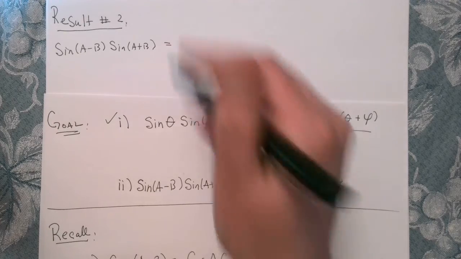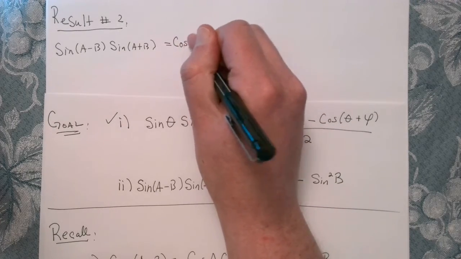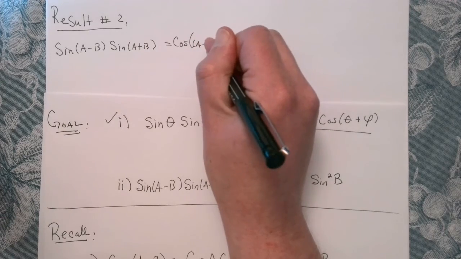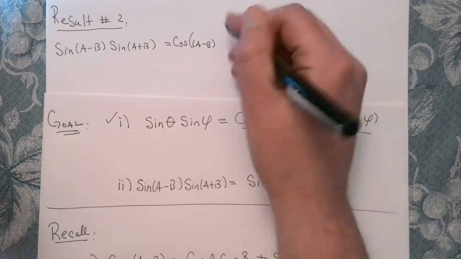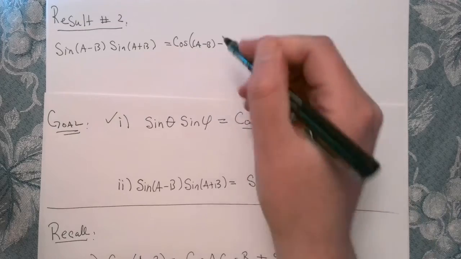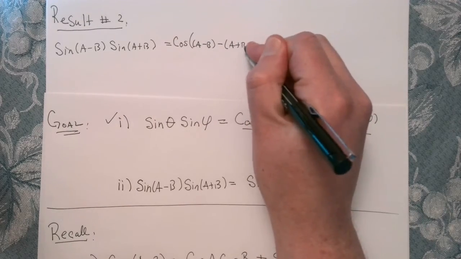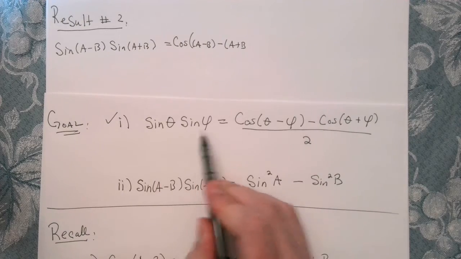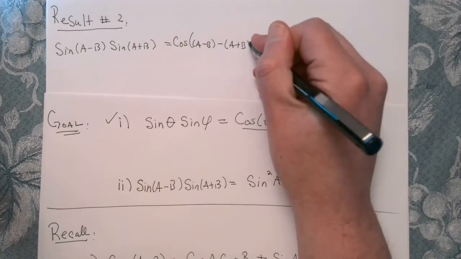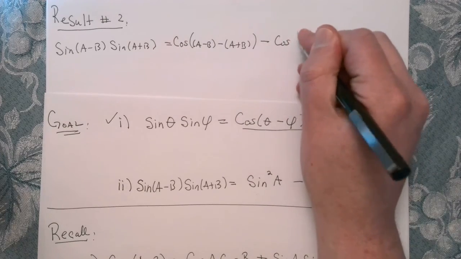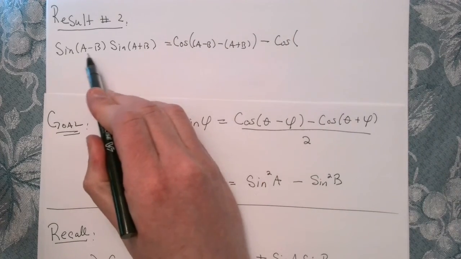So I'm going to have cosine of, well, that's my theta, so a minus b, minus, what's my phi, a plus b. So it's exactly this expansion. So this expanding into this part, and then minus, right? So this is going to be the cosine of, again, we said this is playing the role of theta.